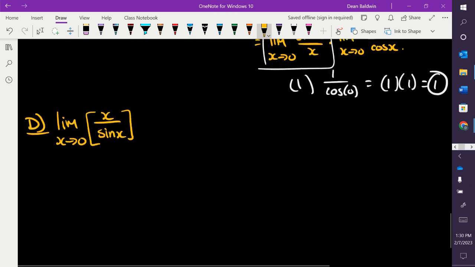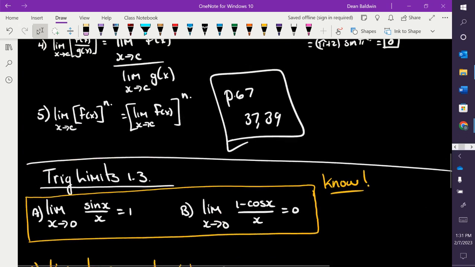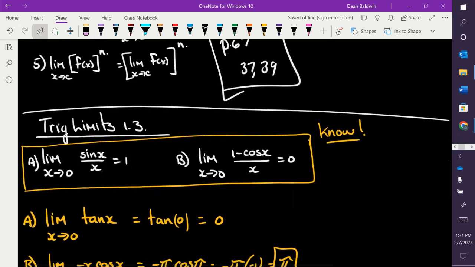the limit as x goes to 0 of x over sine of x. All right. Does that look like anything you know? It looks like that one, right? Our special limit.